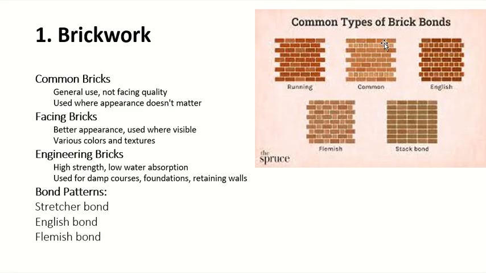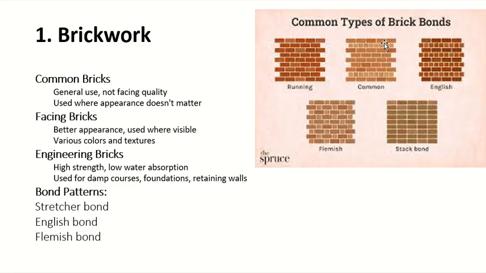So one is lengthwise, the other one is widthwise. In the common bond you have one row lengthwise, then one row widthwise, and then you have 3 and 4 rows which are lengthwise, another widthwise, and so on and so forth.